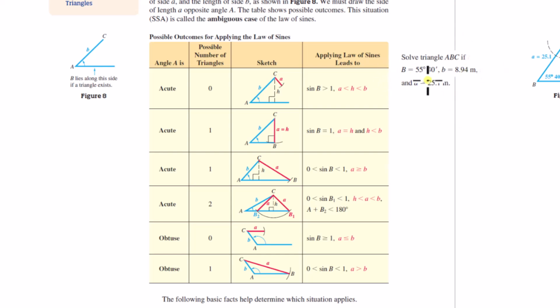We're given an angle and 2 side lengths, and we can see from the triangle notation that one of these side lengths is opposite from the angle we're given. So we know we have the side-angle case. And now we're just asked to solve the triangle. Okay, so that's the idea.